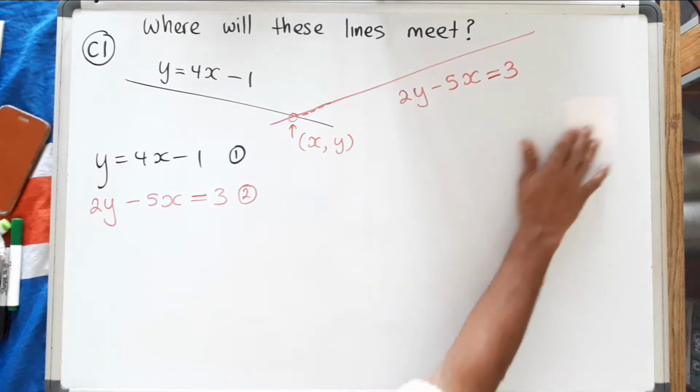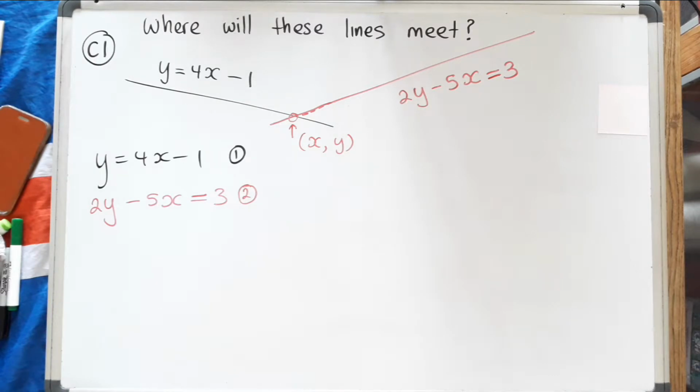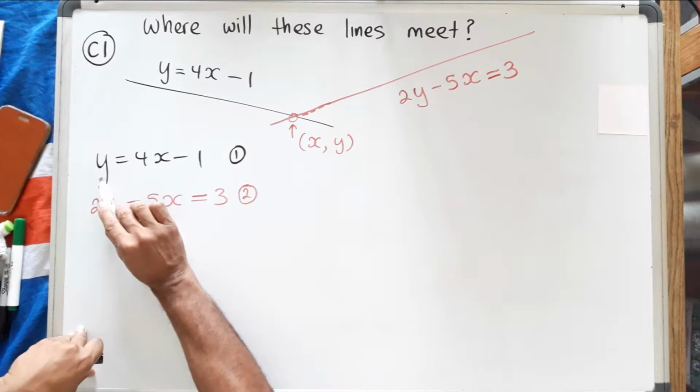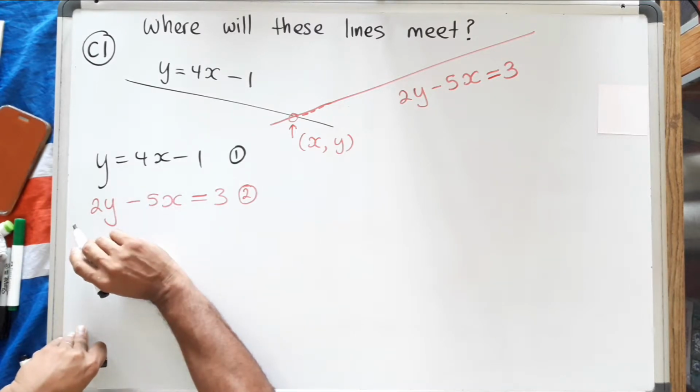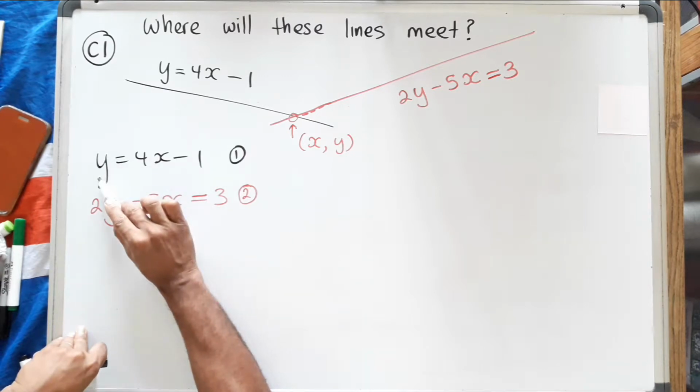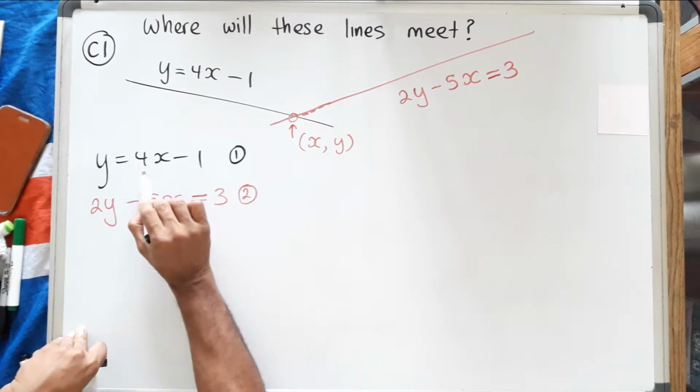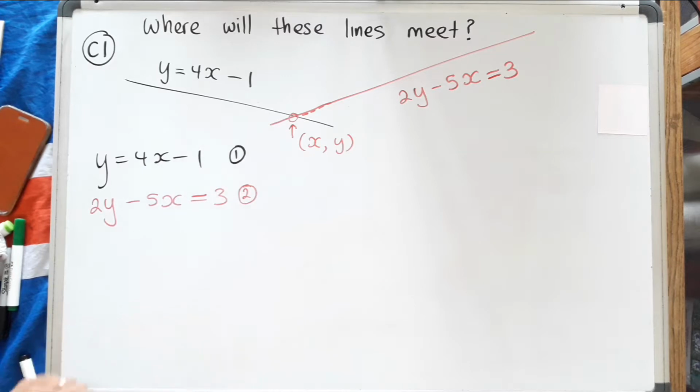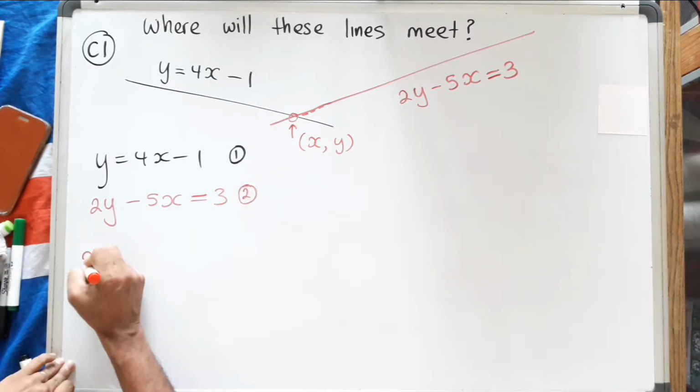All right, so it's my turn to solve the simultaneous equation. I'm going to use the substitution method. Over here in equation 1, you notice y is already the subject. So anywhere I see a y, I can throw it away and replace it with 4x minus 1. So I'm going to go to equation 2. I'm going to write back the whole of equation 2 here.